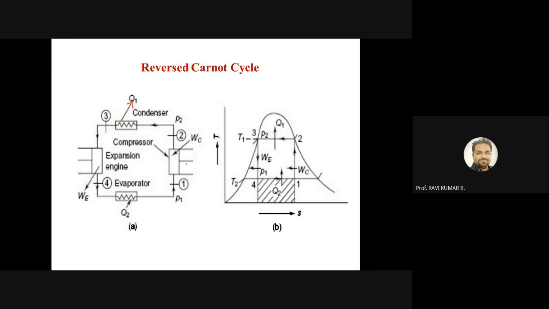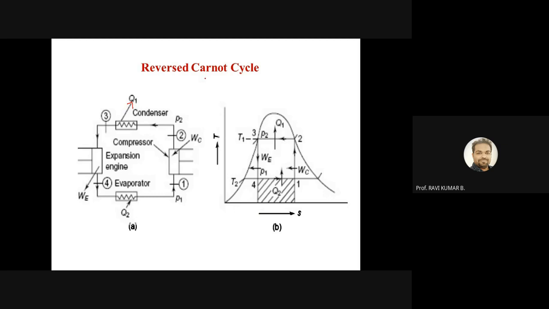So if we represent this entire setup, all these processes, on a temperature versus entropy diagram, we can represent it over here as we are considering the reverse Carnot cycle. A Carnot cycle definitely will have two constant temperature processes and two asymptotic processes, and both of those constant temperature processes are basically heat interactions.